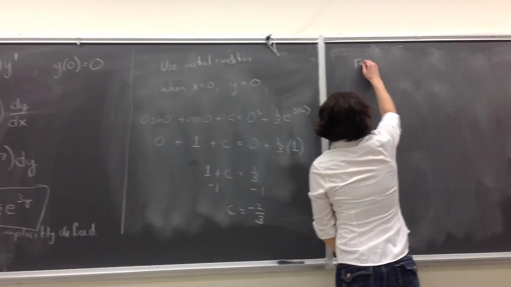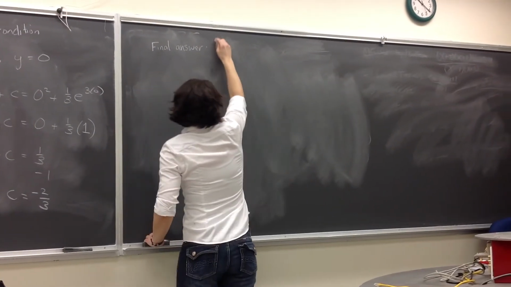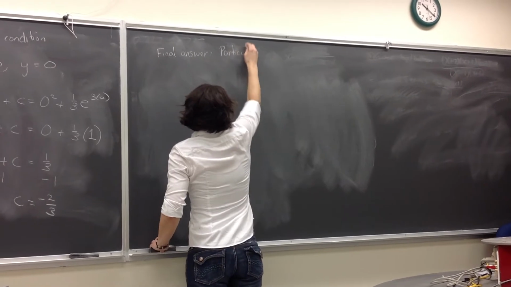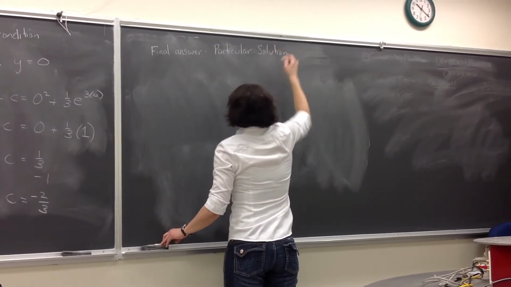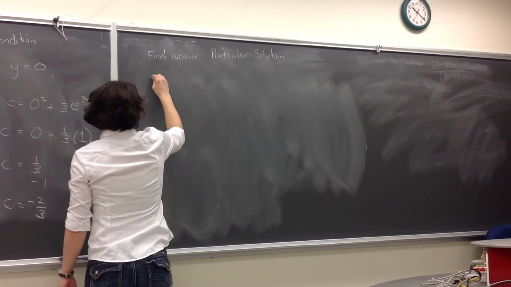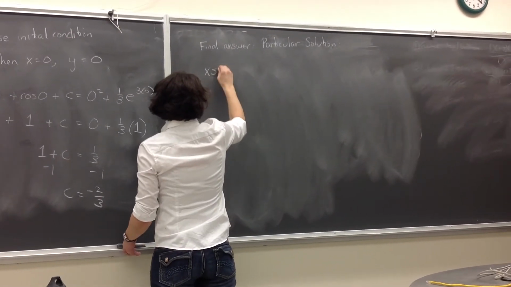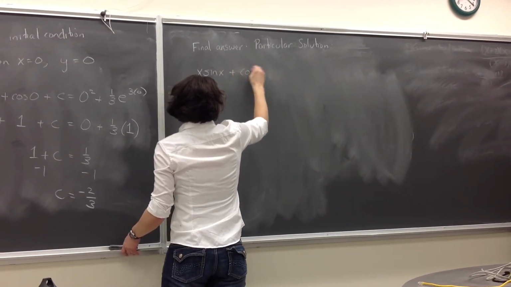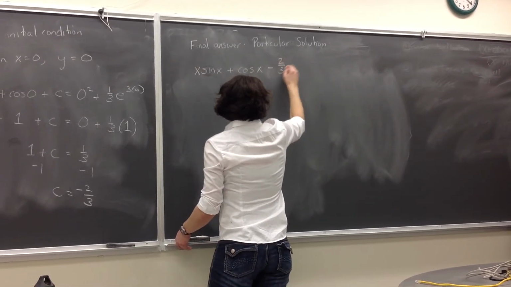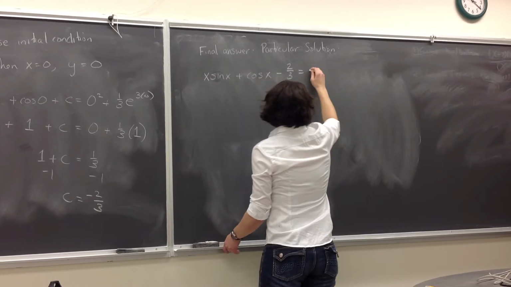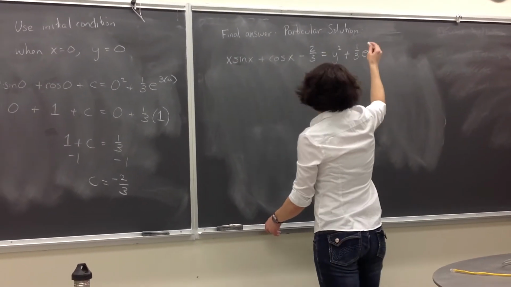And so our final answer, which is our particular solution, particular because we've now used our initial condition, is x times sine x plus cosine x minus 2/3 is equal to y squared plus 1/3 e to the 3y.